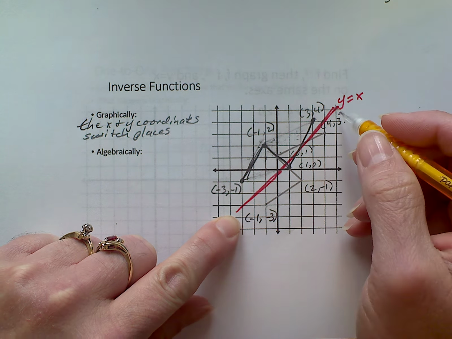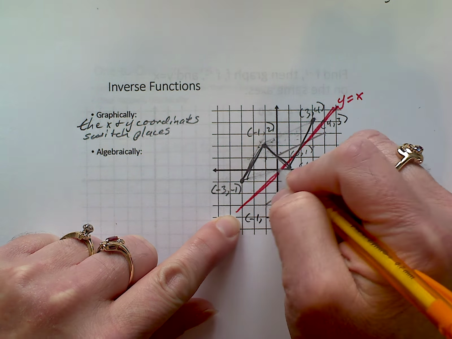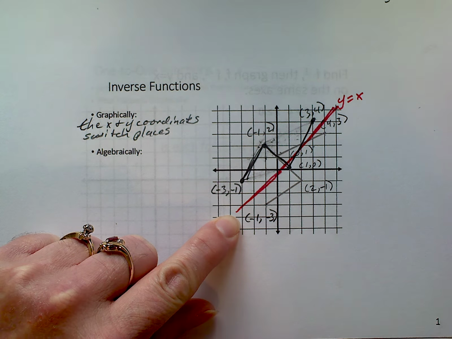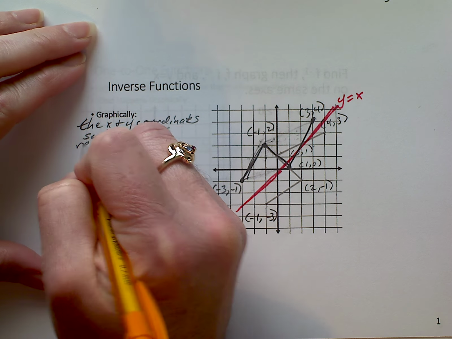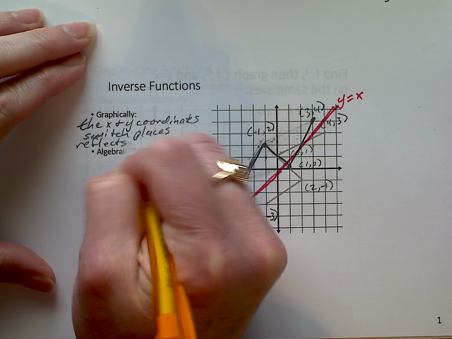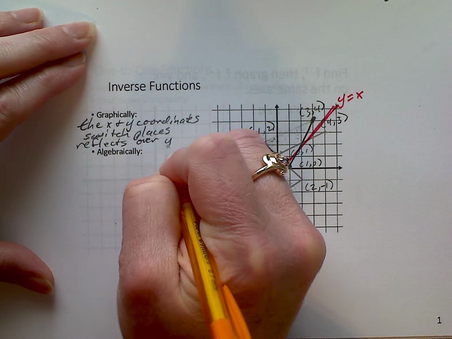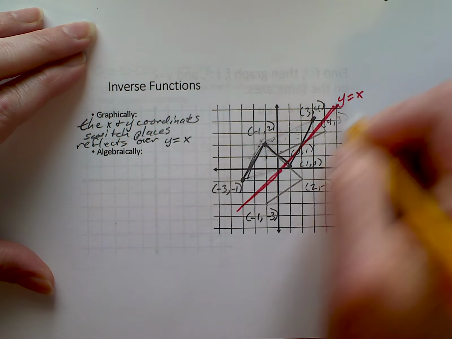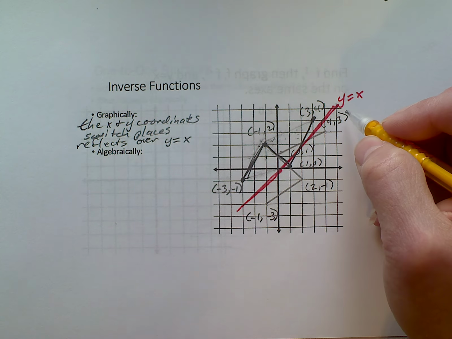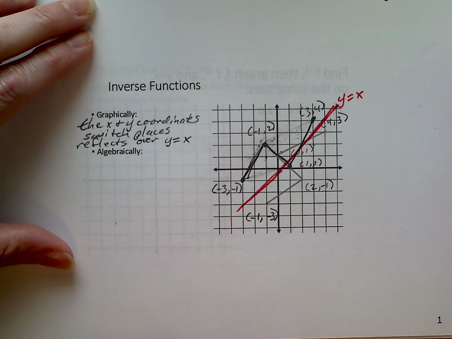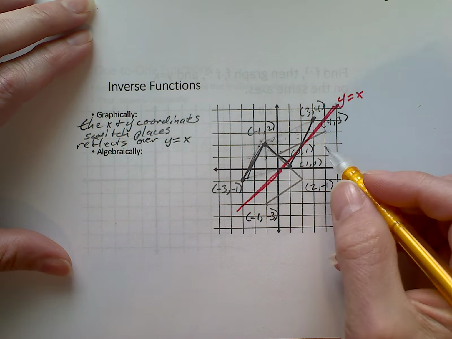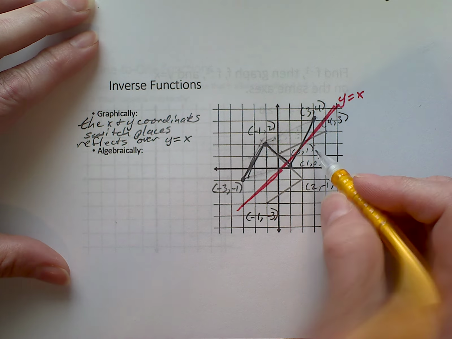If you drew yours neater, then you probably can see it a little bit better, but they are reflections over that line. The line y equals x was one of our 8 basic functions that we were using our hands to show what those graphs look like. So that's one that you should have in your head.